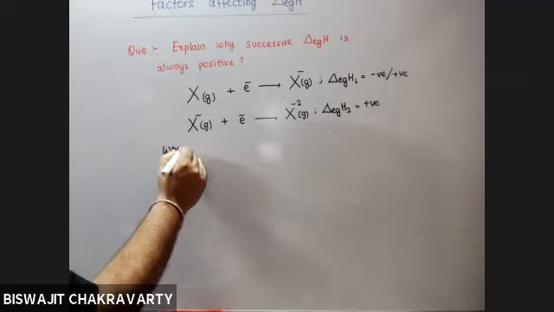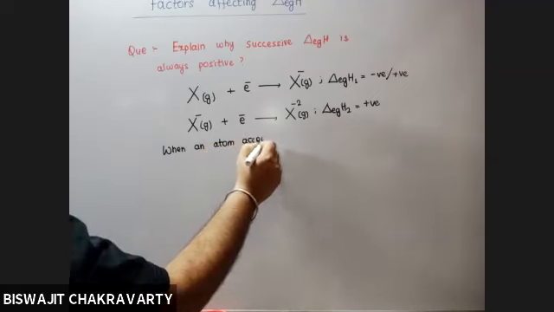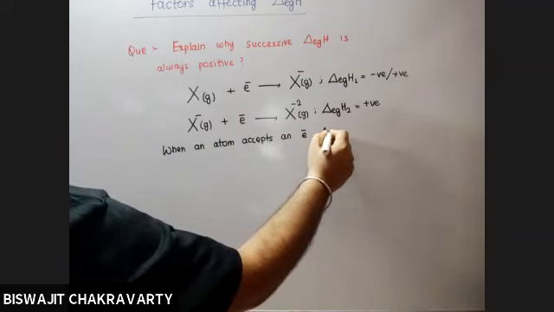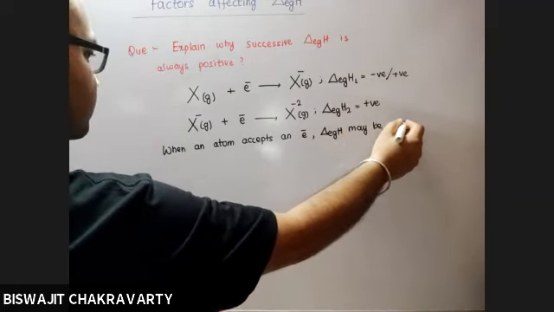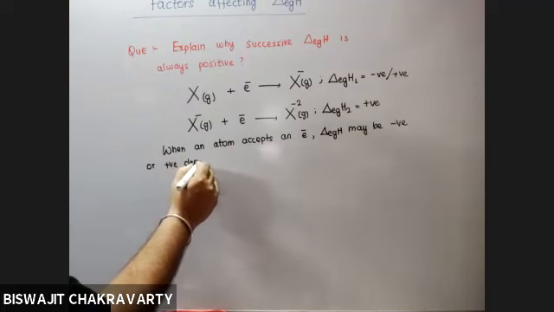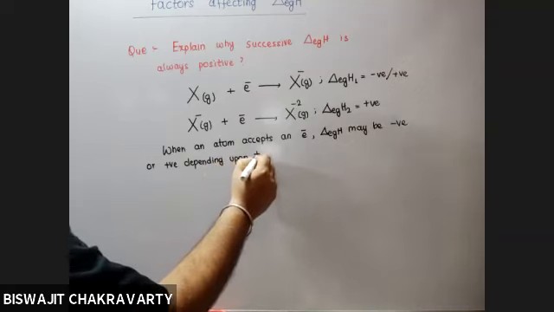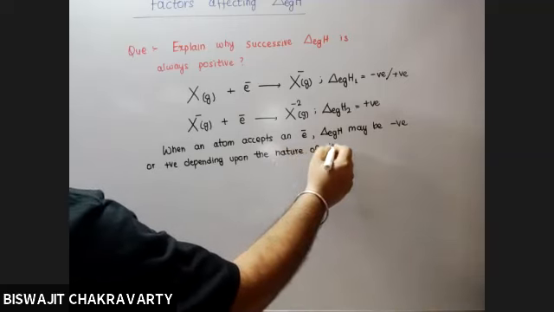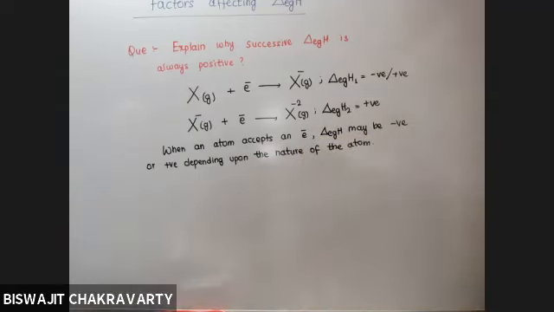When an atom accepts an electron, delta EGH may be negative or positive depending upon the nature of the atom. If it is a halogen, it is negative. If it is a noble gas, it will be positive.